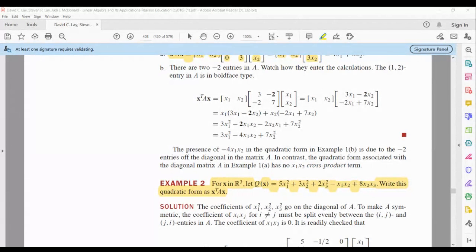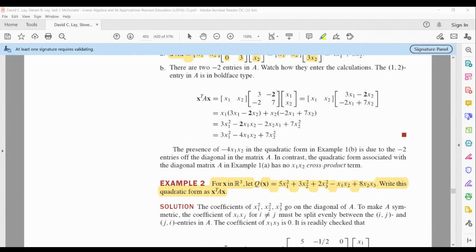And what entries would be along the diagonal of the matrix A? Good. 5, 3, and 2, because 5 is in front of x1 squared, 3 is in front of x2 squared, and 2 is in front of x sub 3 squared.